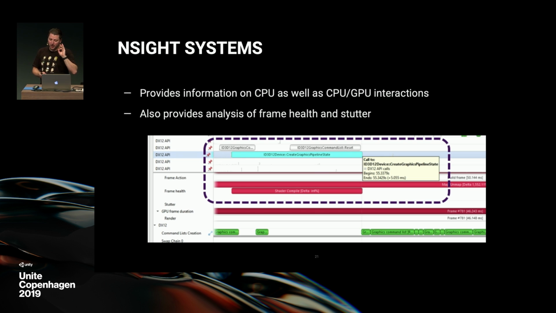There's actually a frame health and a stutter analysis row that you can look at, and it immediately tells you a bunch of great information about whether the stutter is caused by maybe you're compiling a shader in the middle of the frame, or the frame health is not that great because you're using the copy engine at the wrong moment, and so you're creating a stall in the GPU pipeline. So definitely check these out. It just immediately gives you some good information on your frame, so there's not much work you need to do there.